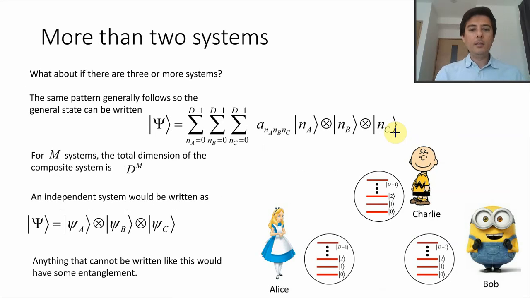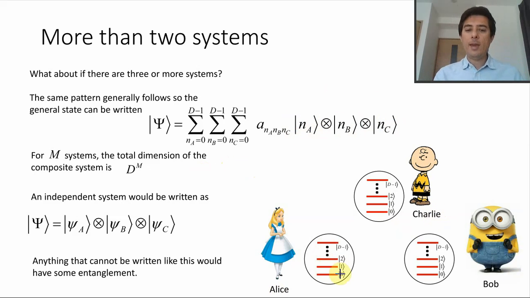Okay, and as for having more than two systems, the story is pretty straightforward. Once you know how to make a composite system with two systems, then you can easily extend this to three or more. Essentially, you just do the same thing. You find all the different distinct combinations of states that your, say, three-party system could have. So here we've got Alice, Bob, and this time Charlie.